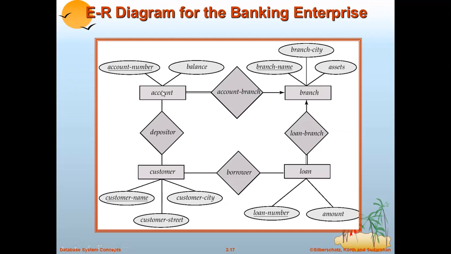Now this account belongs to the customer. A specific customer will have his own account, and the customer can deposit money inside the account. So there is a relationship between the customer relation and the account relation.